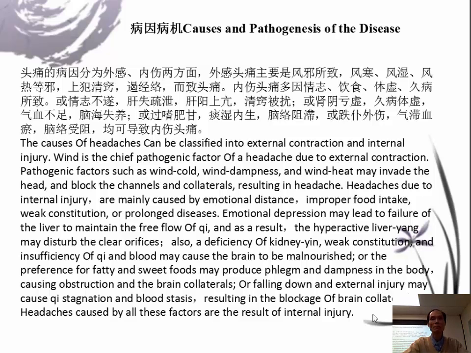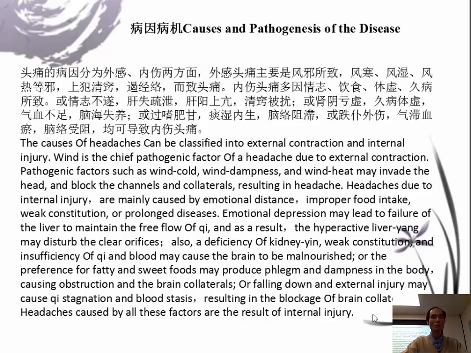Exterior causes can be divided into different differentiations, such as wind cold, wind dampness and wind heat, because those pathogens disturb the orifices and cause discomfort, and this discomfort causes a headache. Headache is also because not enough blood is supplied to our brain. Sometimes it is because of the blockage of qi and blood.